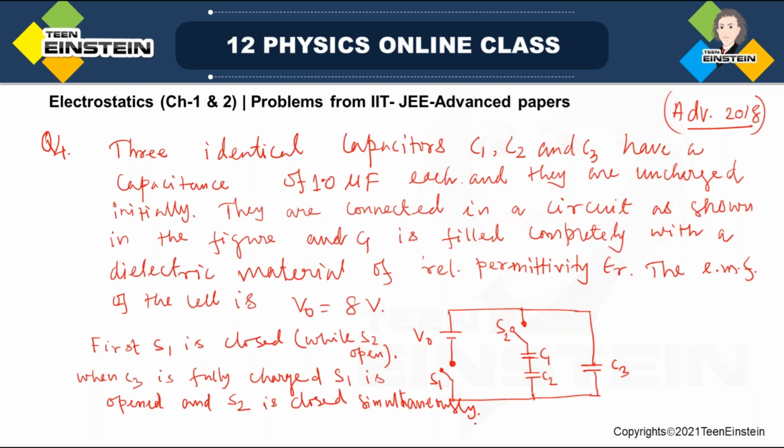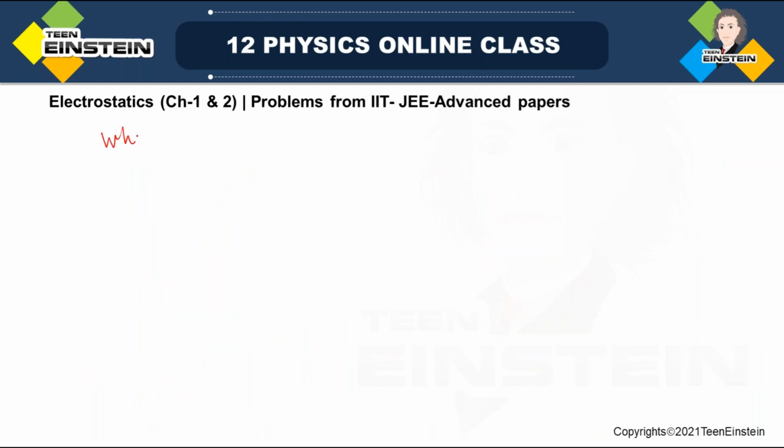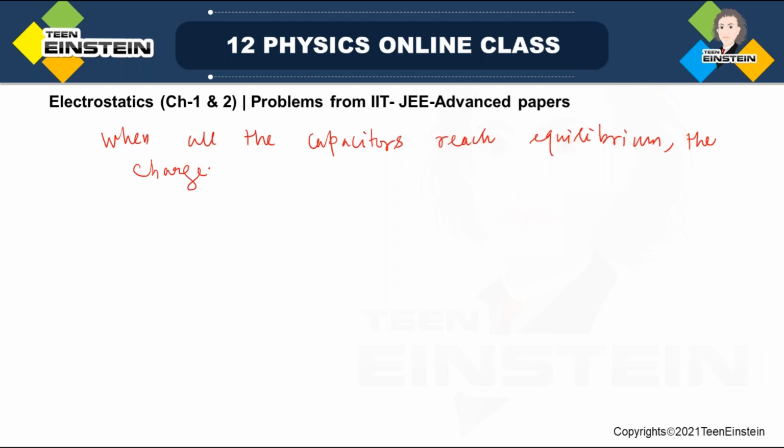I hope you are understanding the problem. The question is, when all the capacitors reach equilibrium, the charge on C3 is found to be 5 microcoulomb.